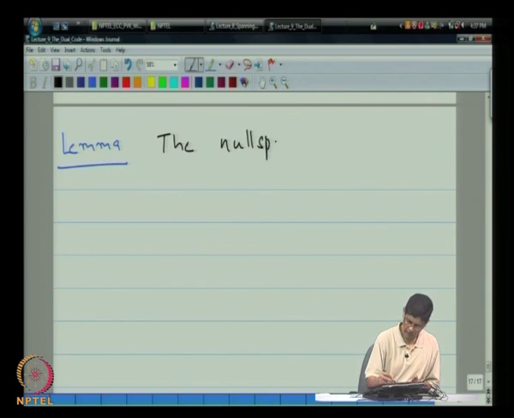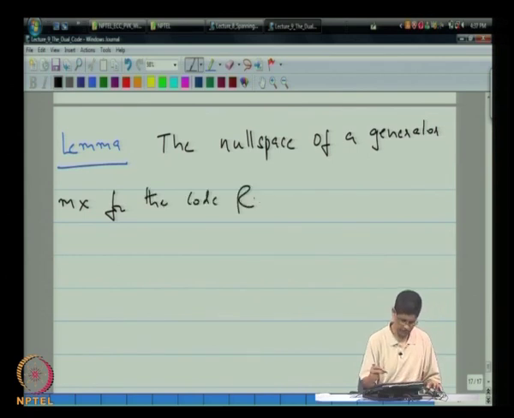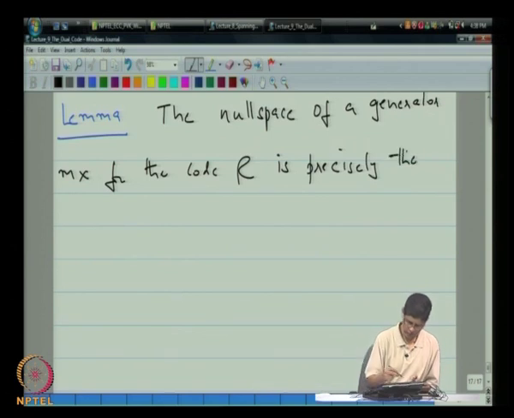The null space of a generator matrix for the code C is precisely the dual code.